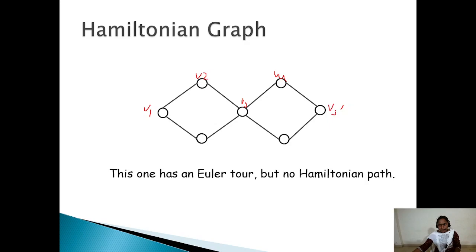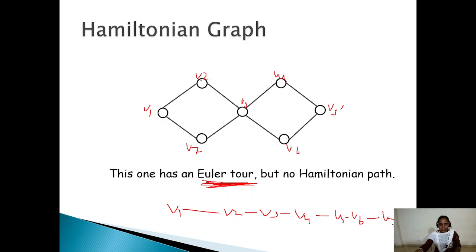V5, V6, V7. Okay. V1 to V2, V2 to V3, V3 to V4, V4 to V5, V5 to V6, V6 to V7. See, V1 to V2 is one edge. First let me explain the Euler tour.